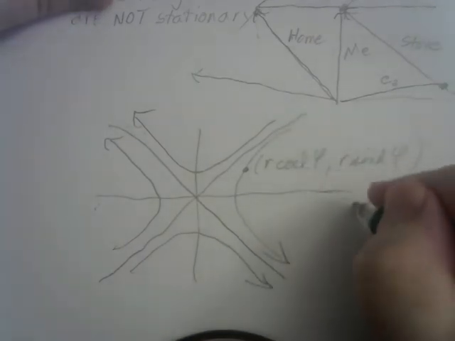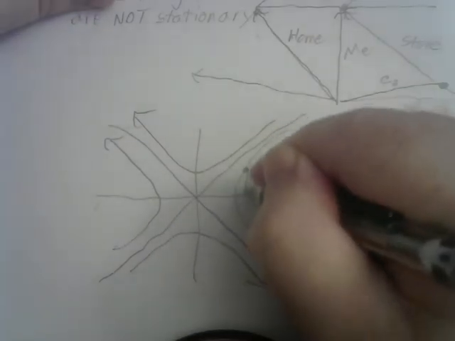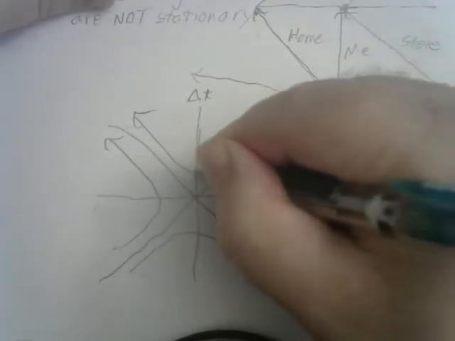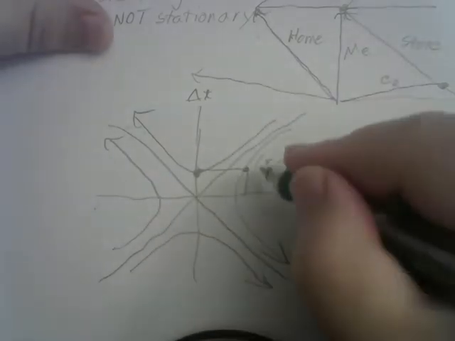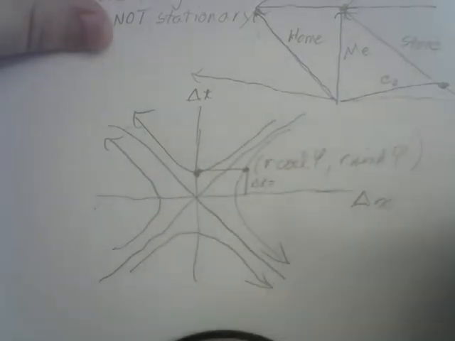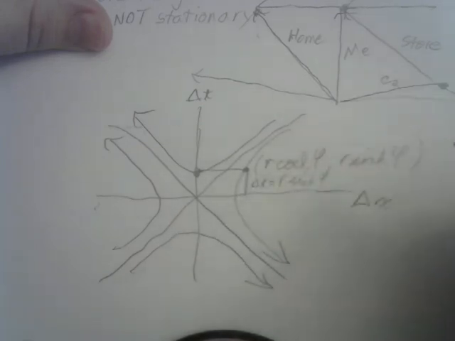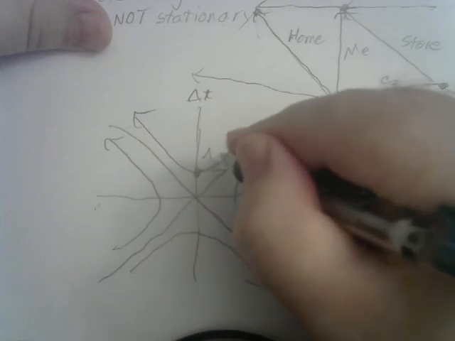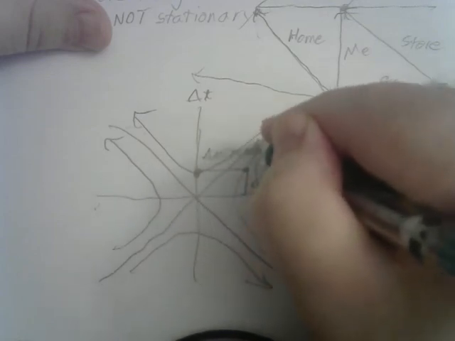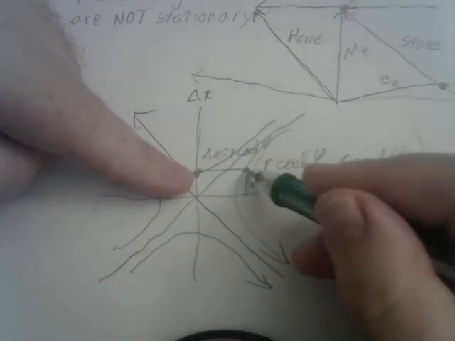So if you've got a particle that is traveling delta x that way and delta t this way, and delta t is r sinh phi, and delta x is r cosh phi, it has a velocity.